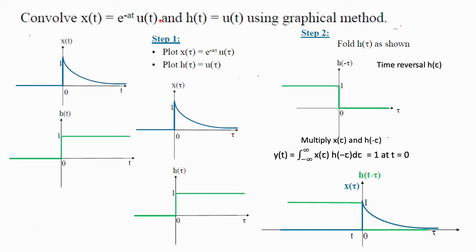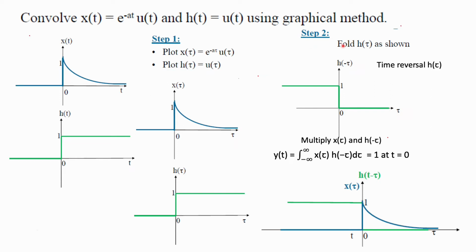Wherever the t is present in the given signal, just you replace by tau, you write it and plot the same. Mark x-axis as tau, y-axis as x of tau. Similarly, for this signal, tau, here h of tau. The first step is over.